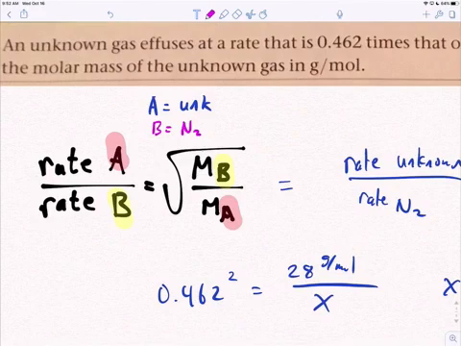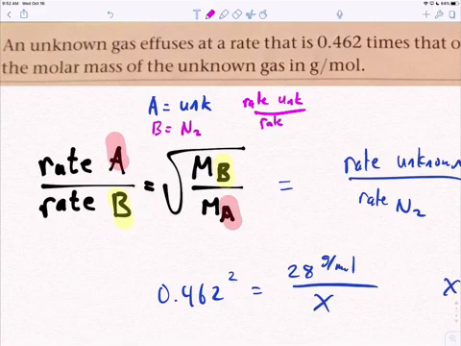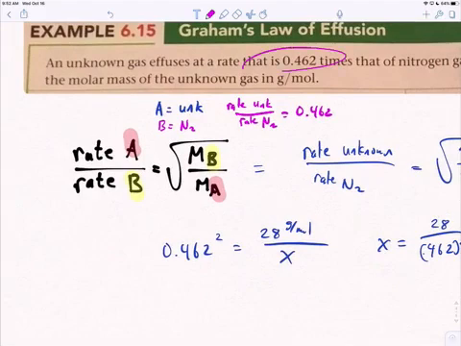And the rate of the unknown over the rate of nitrogen is 0.462, which is given in the problem.